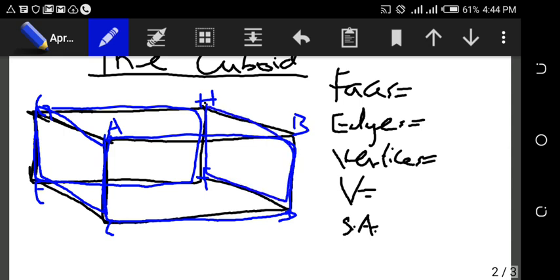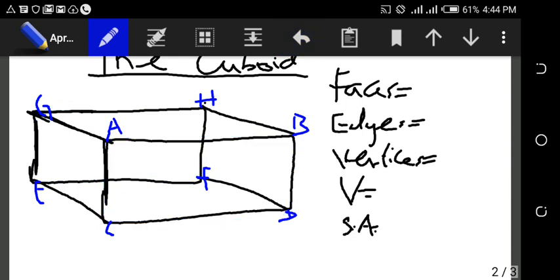Then let's consider the top and the bottom, A, G, H, B, that's 5. And of course C, E, F, D, that will give us 6. It means that our cuboid or the rectangular prism has 6 faces. So let me quickly clear that up. So for the number of faces, 6.